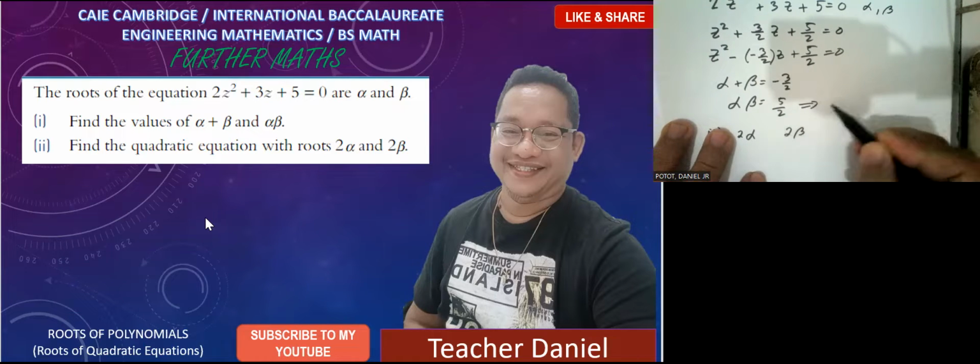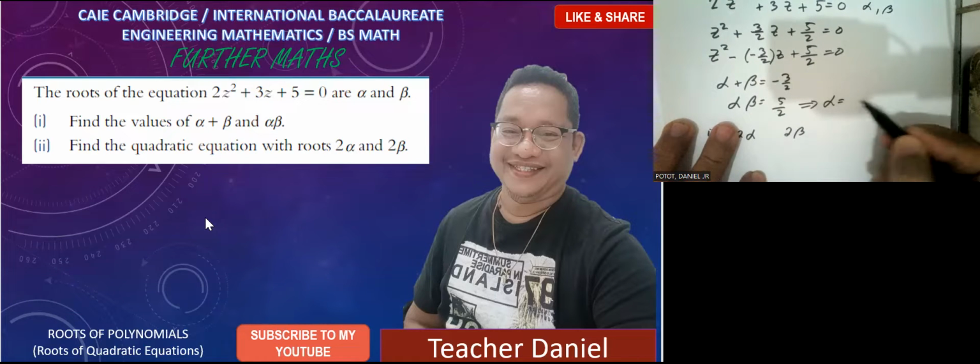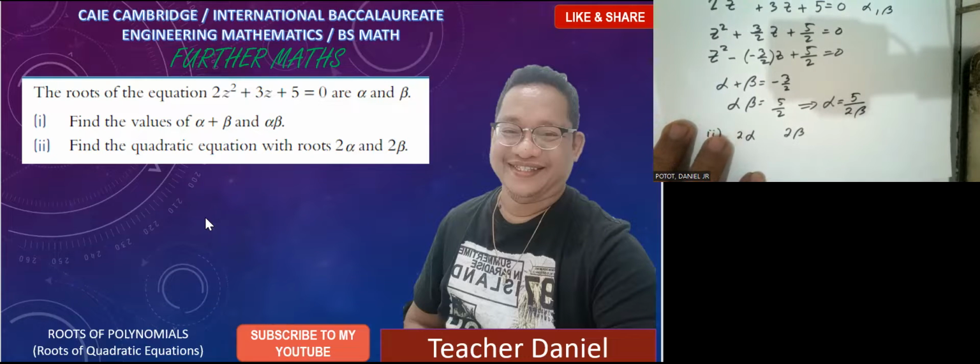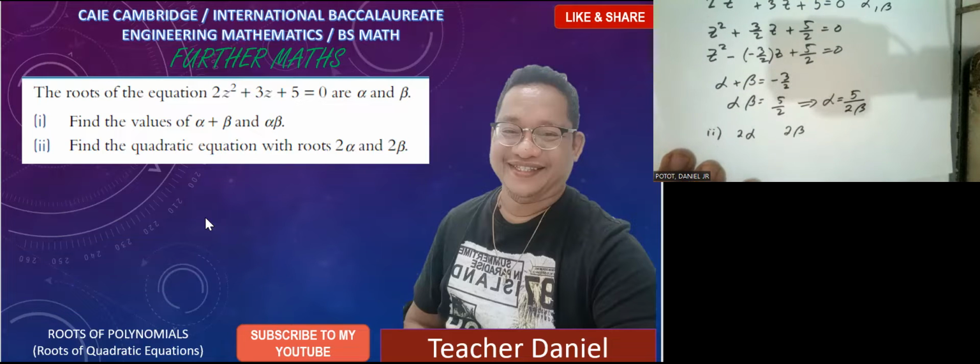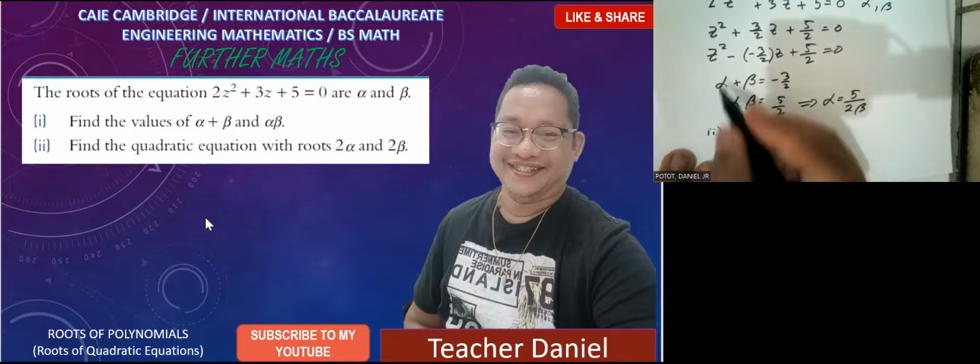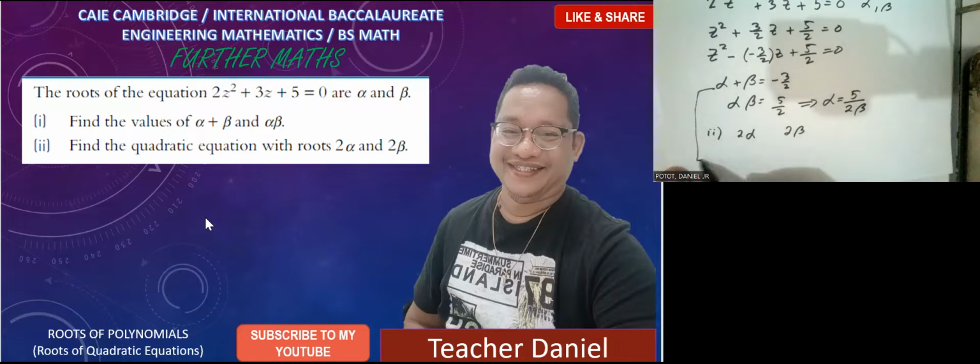So we can have alpha equal to 5 over 2 beta. Then we simply substitute this in here.